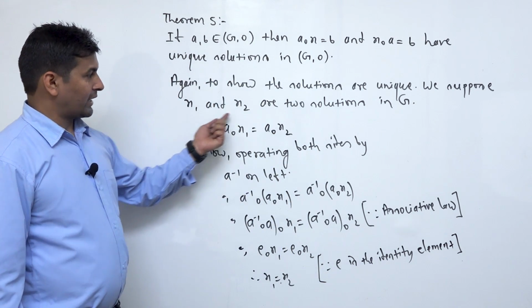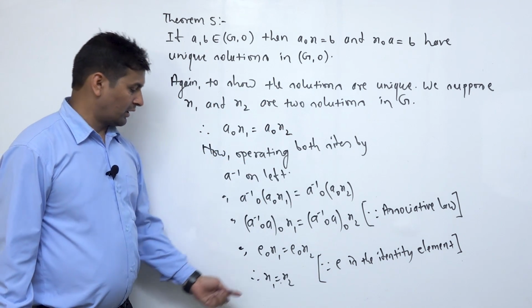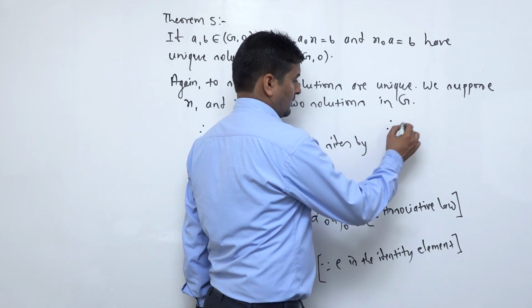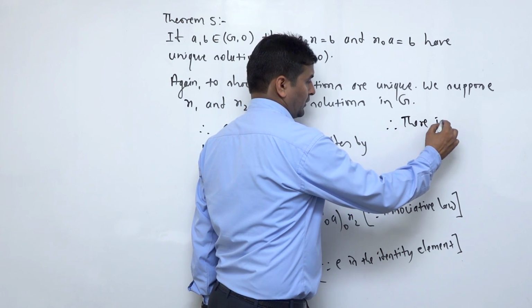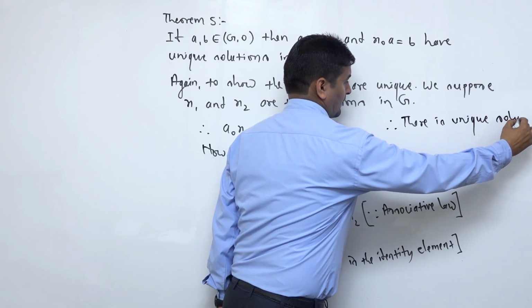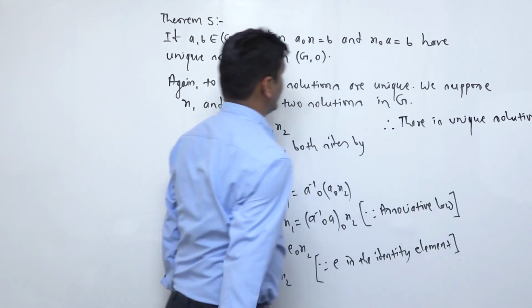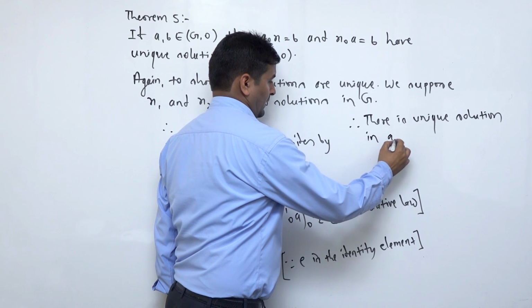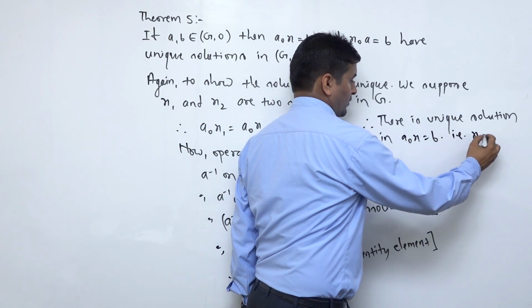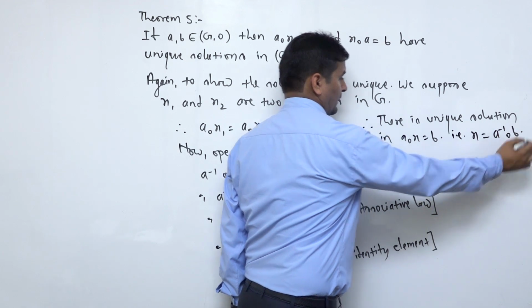We supposed x1 and x2 are two solutions in G, and we got x1 equals x2. So therefore, there is a unique solution in a not x equals b, that is x equals a inverse not b.